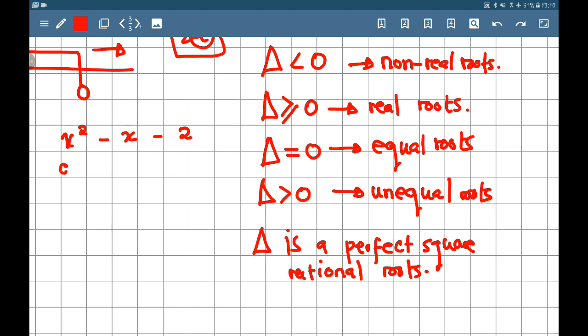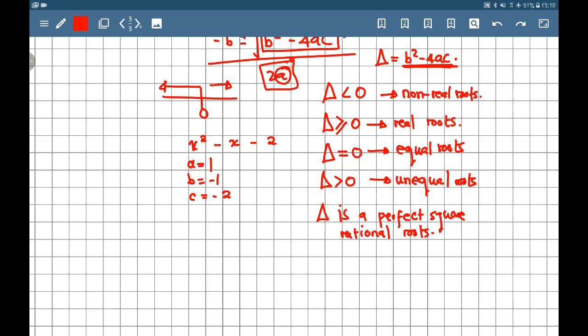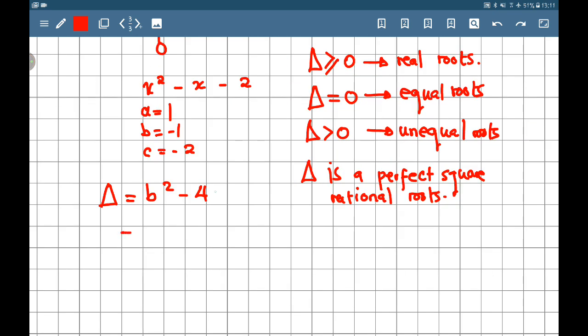The value of A is 1, right? Yes. The value of B is -1 and the value of C is -2. So look at this: B is -1 squared, minus 4 into A which is 1 and C which is -2.